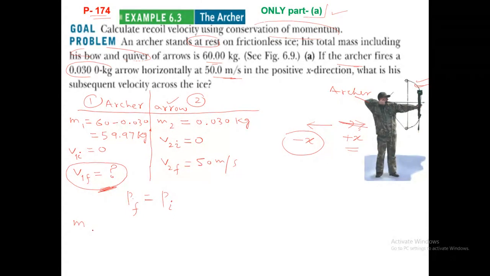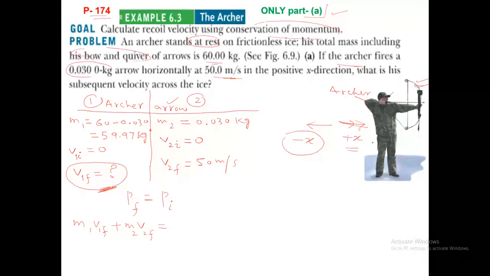This is the final momentum for the person, for the archer, plus this is the final for the arrow, must be equal to initial. Listen carefully.